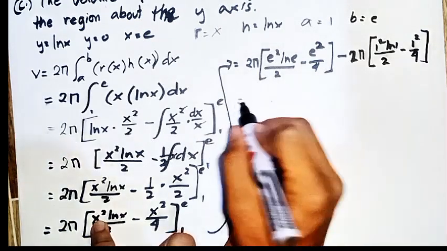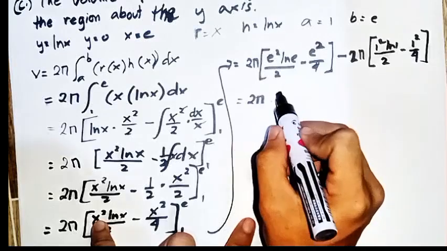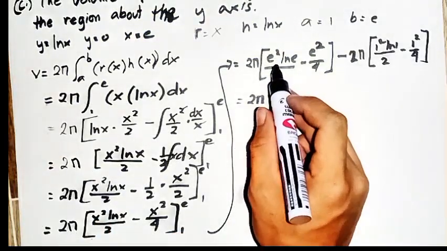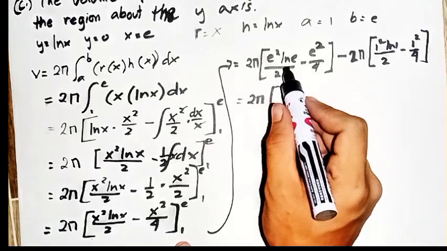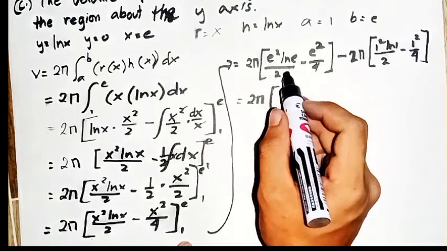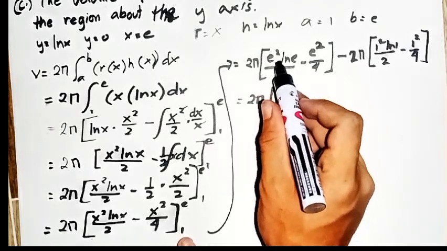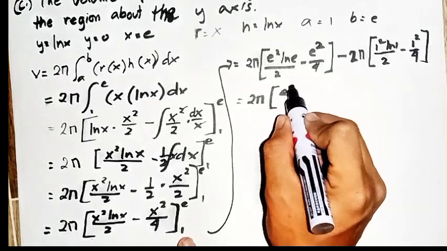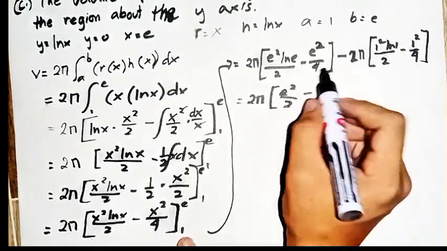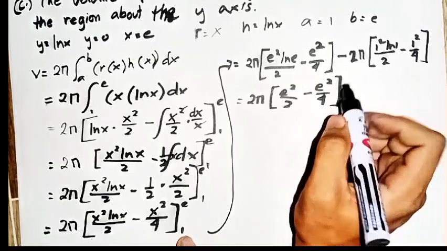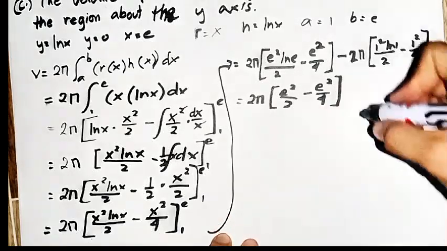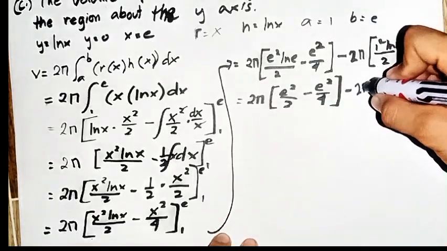Now simplify. So copy again the 2 pi. e squared ln e, we know that ln e is 1, right? So the remaining is e squared over 2. So e squared over 2 minus, copy the e squared over 4, and minus, copy the 2 pi.